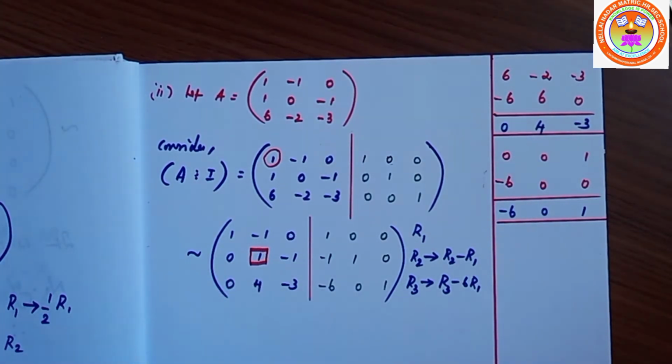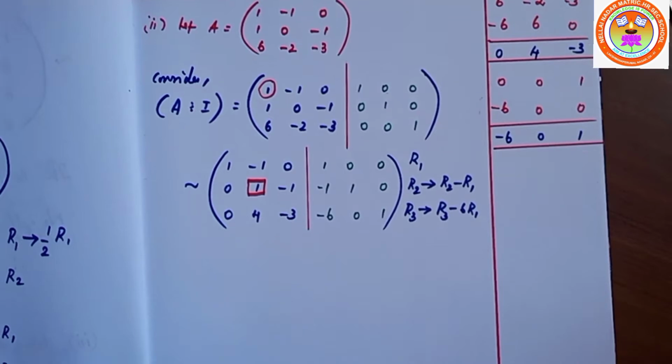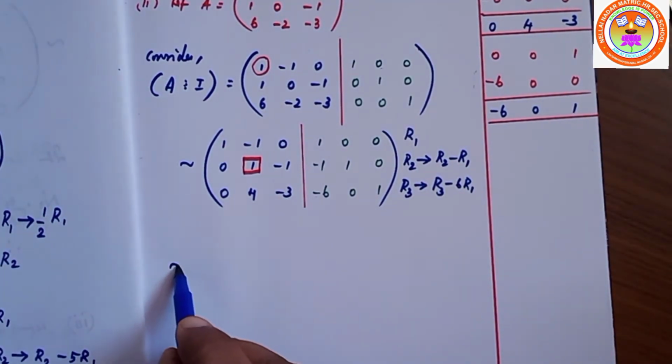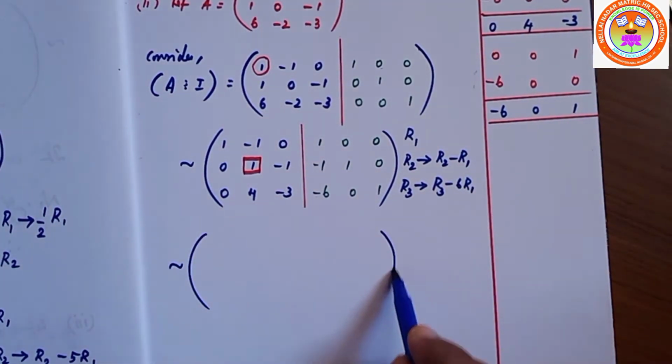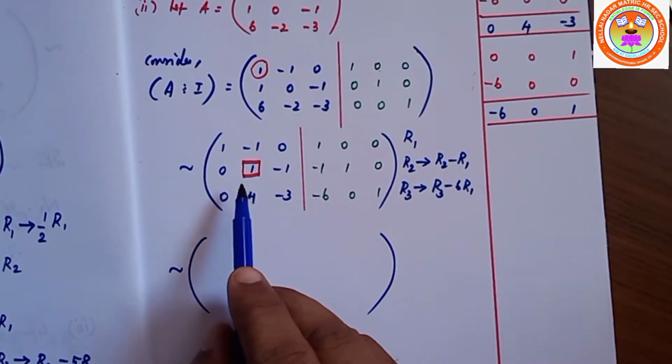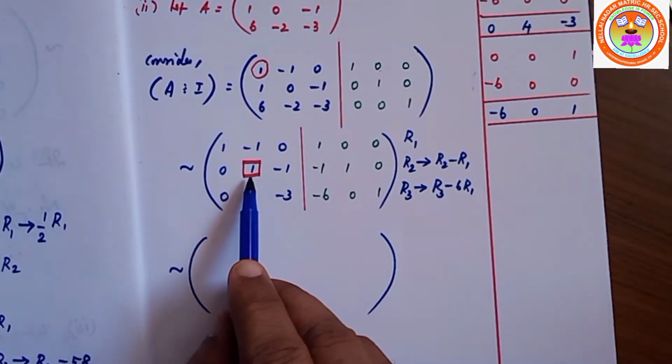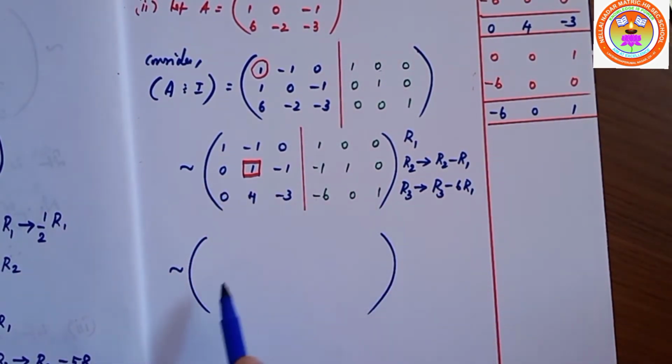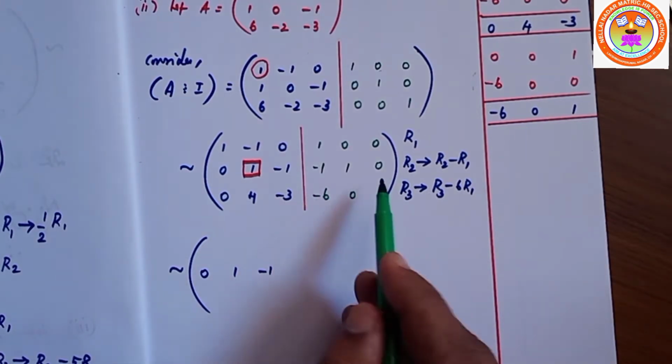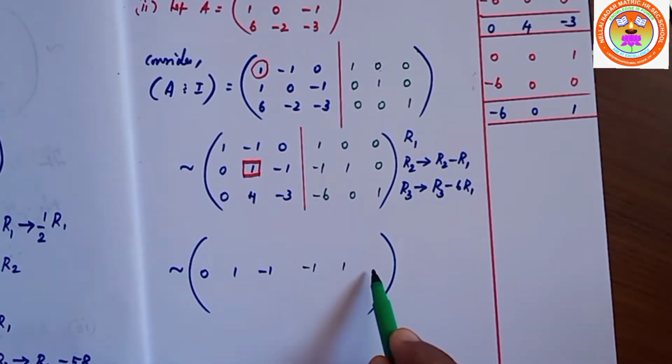How to do? Go for the transformation, put equivalent. There is no change of R2 because already we have 1. So write R2 as it is, 0, 1, minus 1, minus 1, 1, 0, minus 1, 1, 0.